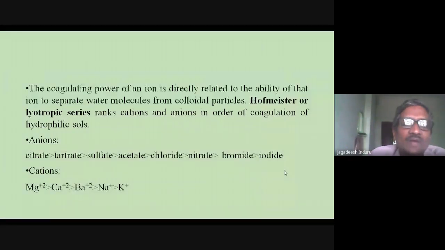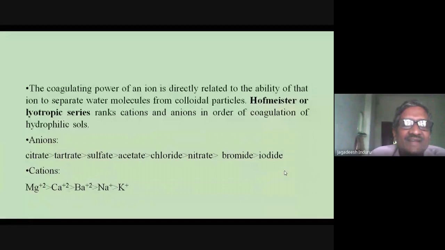Make this an order, because in GPAT they will ask: among the following monovalent ions, which has the highest precipitating power? The answer is obviously acetate. Then chloride, then nitrate, then bromide, and the last one in this series is iodide.